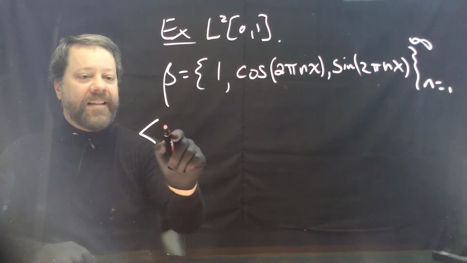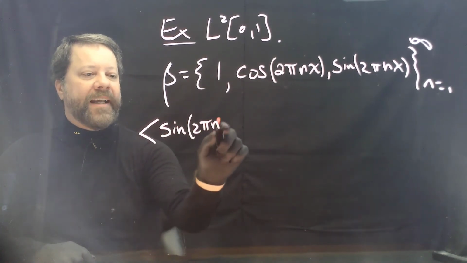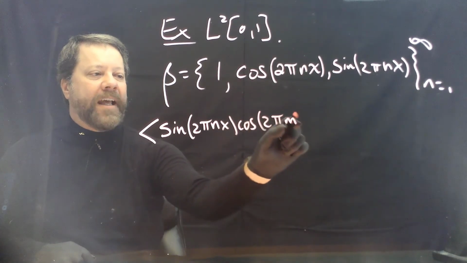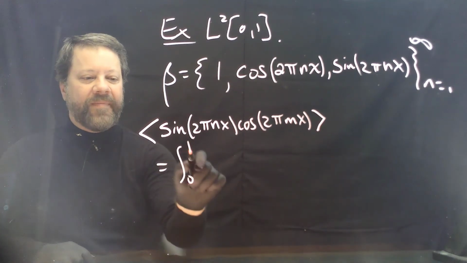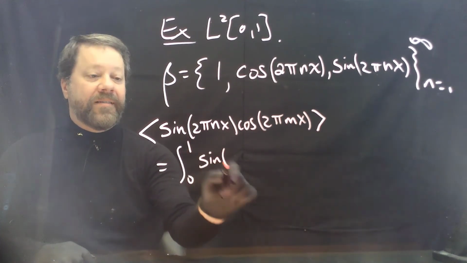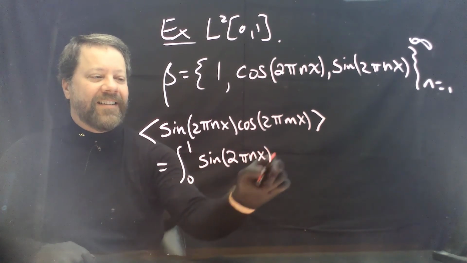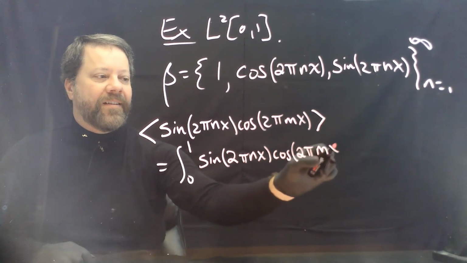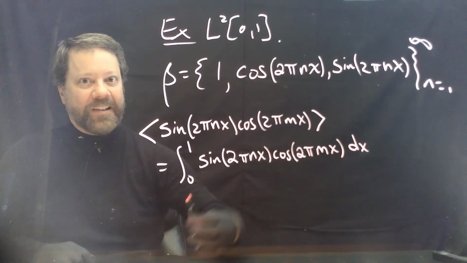We'll need to take the inner product of the sine of 2 pi nx and the cosine of 2 pi mx and see what we get. Of course, it looks like a product to sum identity coming on. This is the moment for which you learned the product to sum identities, or perhaps go back and learn them now if you didn't.